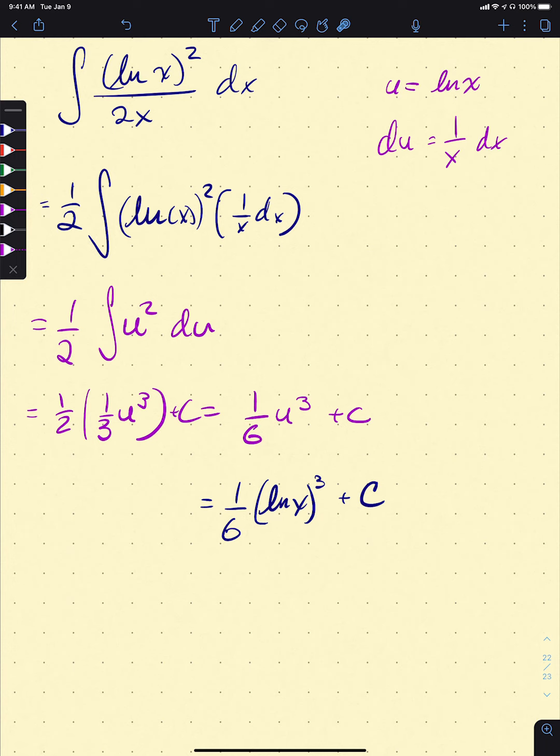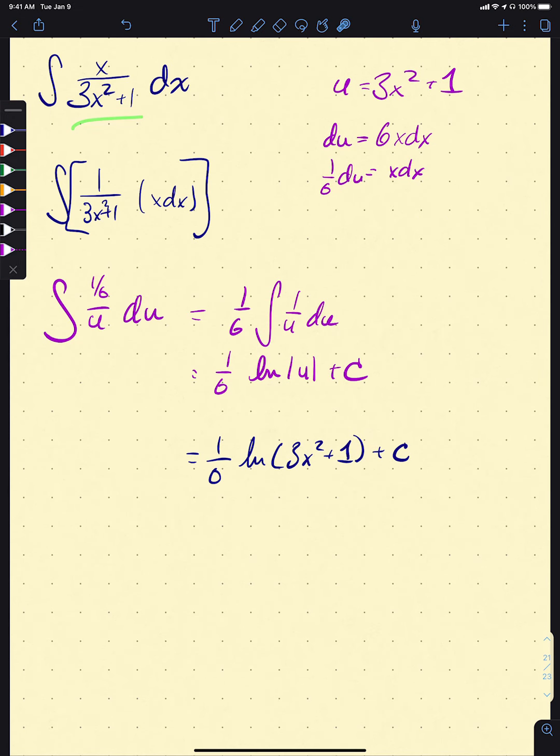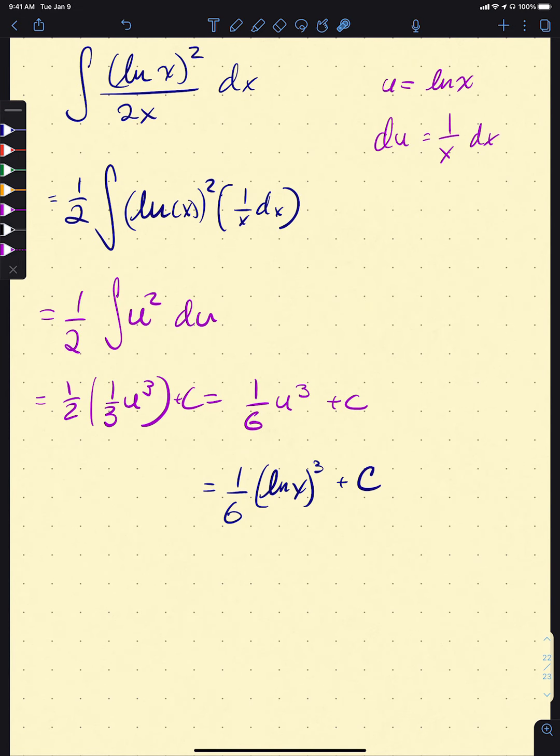This one right here, u is not obvious here, right? There's a bunch of things that you might be tempted to set u as. Like I said, 2x at first glance seems like a good candidate. That's what we did here, right? We just let our denominator. Again, setting u equal to the natural log of x seems like an obvious choice.